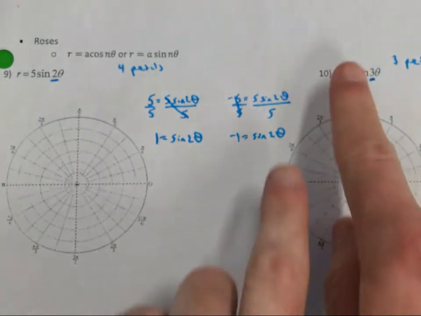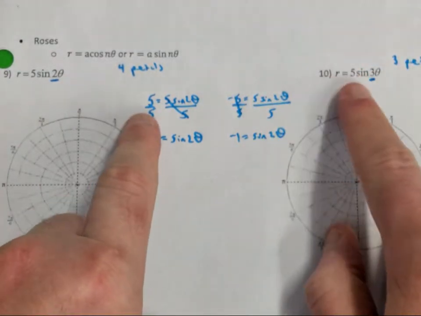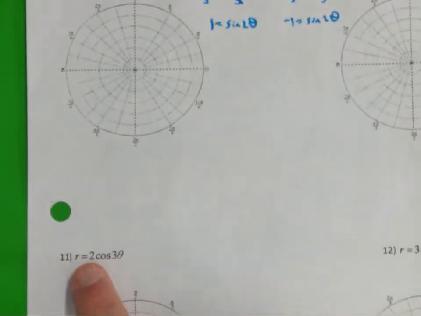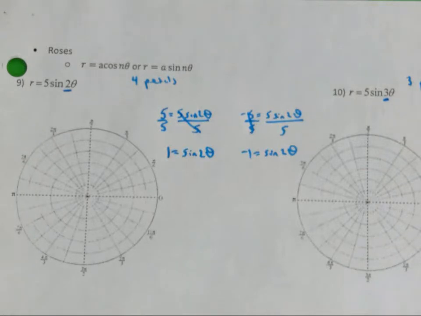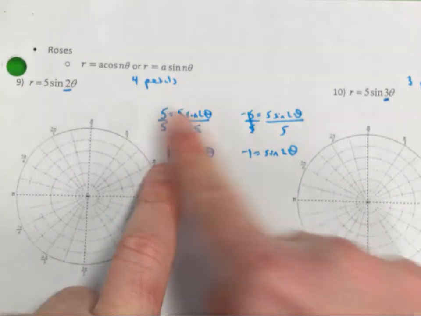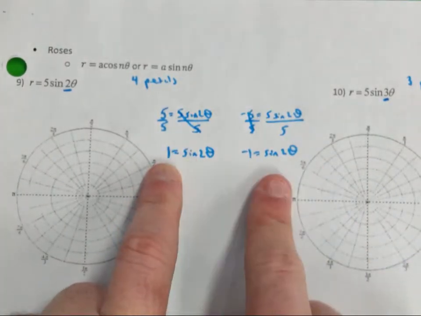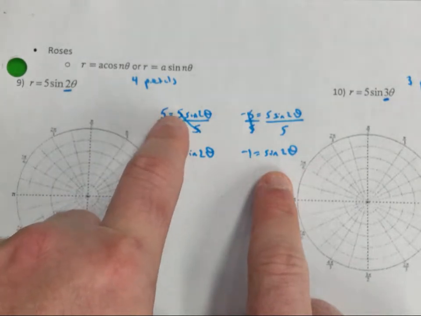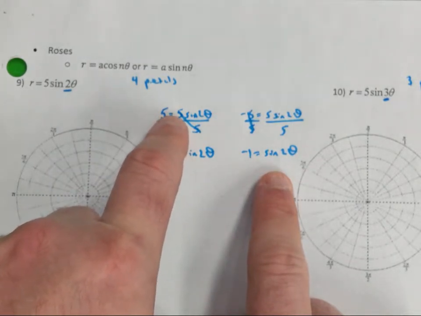You always set this equal to that number, the A value. Like here, I would set that equal to 5. Down here, I would set that equal to 2. So every time, you're going to have to divide by that number to get rid of it. So what's it always going to equal here? 1 and what? So you don't have to show that step. If you just set them equal to 1 and -1 each time, and don't put that 5 or whatever's there in front, you don't have to worry about doing that step.